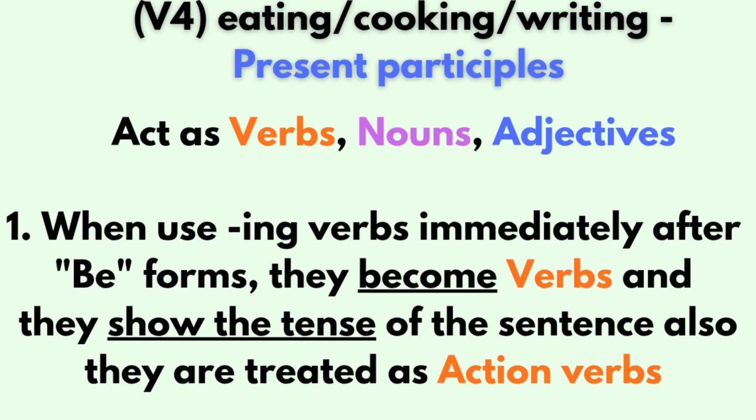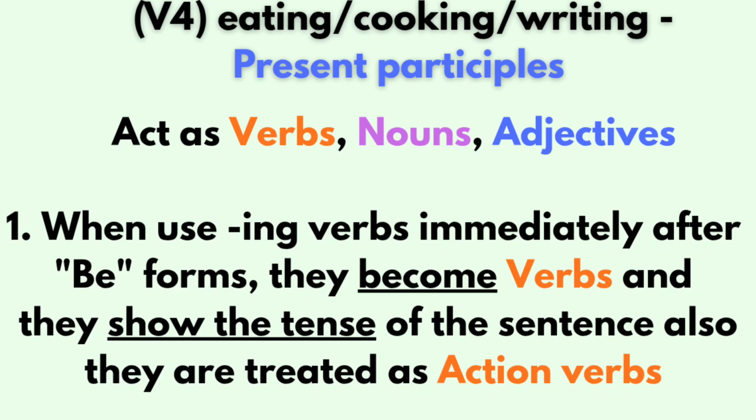Present continuous, past continuous, present perfect continuous, past perfect continuous, future continuous, future perfect continuous. In these continuous tenses, we use present participles as action verbs. They become verbs when they are used after be forms. I hope this definition is clear, right? Remember, in continuous tenses, we use present participles and they are considered as verbs, not nouns, not adjectives. This is the first case, right?